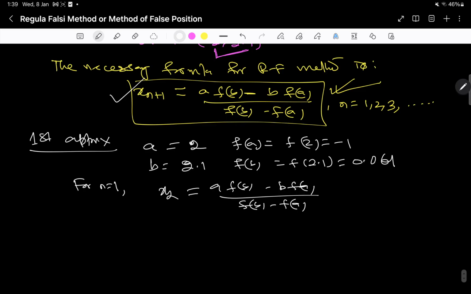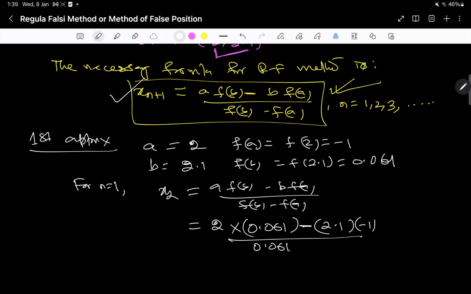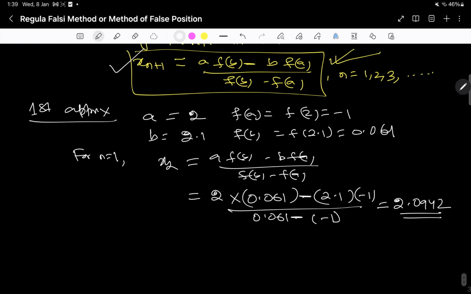If you substitute all this, it will be (2 into 0.061 minus 2.1 into minus 1) divided by (0.061 minus (minus 1)). If you simplify, it is 2.0942. So this is your x2. Then we go to the next step.